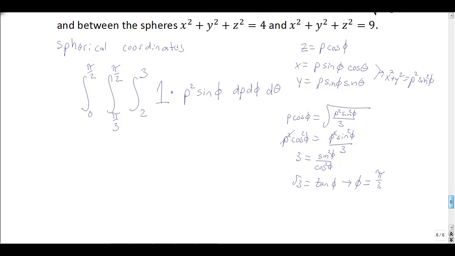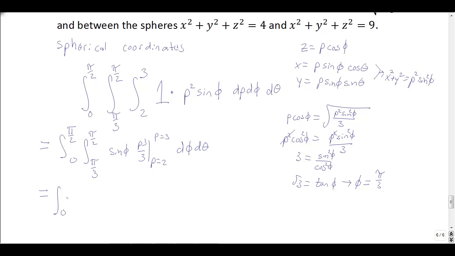So those are really our bounds, and now we just have this integral to evaluate, which should be relatively straightforward. I get an integral from 0 to pi over 2, integral from pi over 3 to pi over 2. Integrating with respect to rho, I keep the sine phi, and get rho cubed over 3 from rho equals 2 to rho equals 3, d phi d theta.